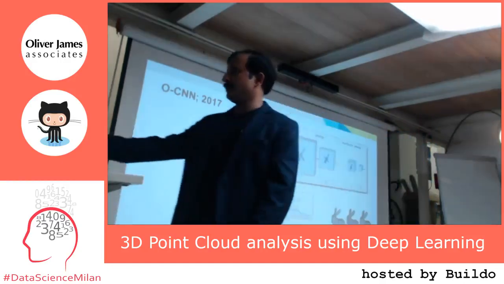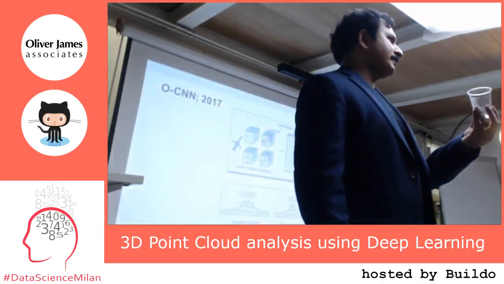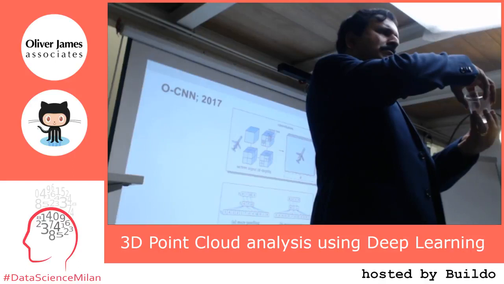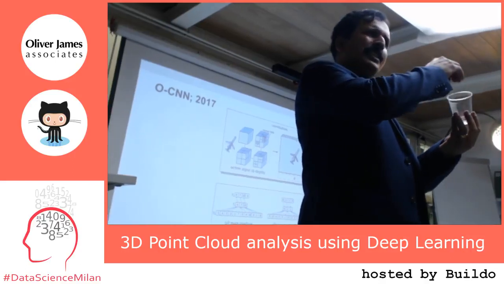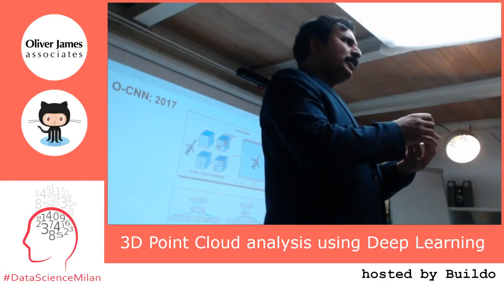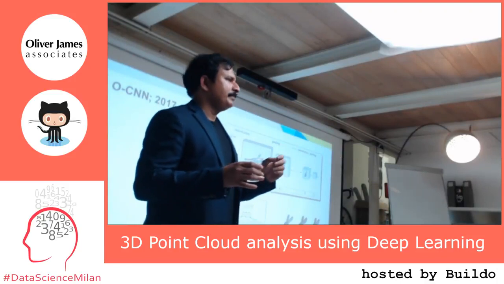Let me take an example of this cup again. If you have an object, you only see the external of it and assume that the entire object is filled with material of the same as what you see outside. So it's actually a 3D volume object.